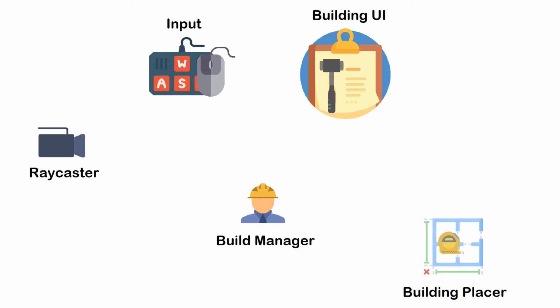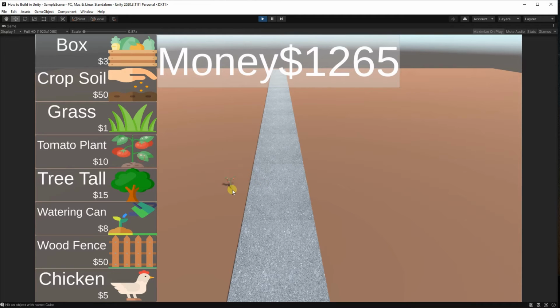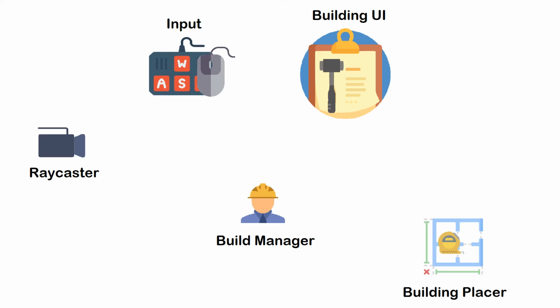Now this is kind of like a surveyor that goes out and says, okay, here we've got this plot of land and we need to know the measurements of it and if we can fit what we're trying to build into that spot. So that build placer is also going to represent the object. Whenever we click on an object in our menu UI, we're going to represent that object in the world with this build placer.